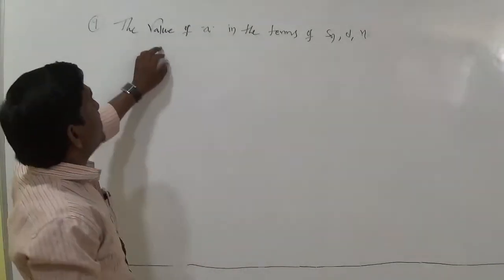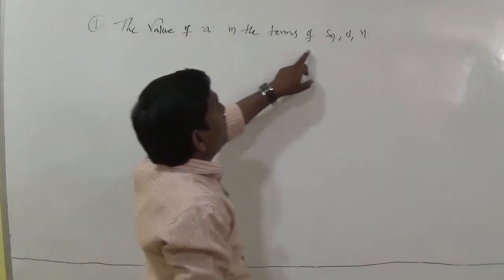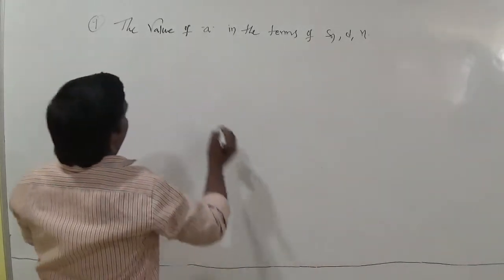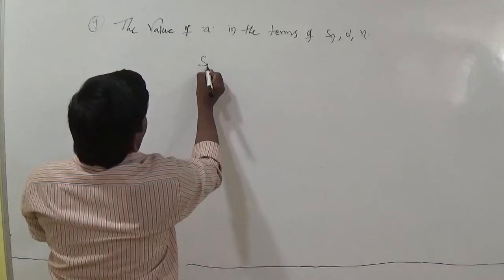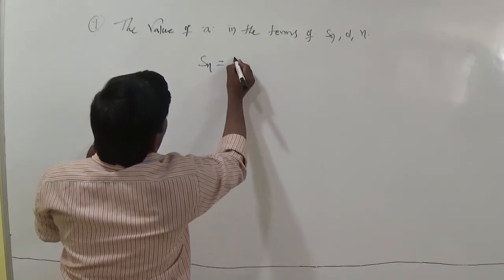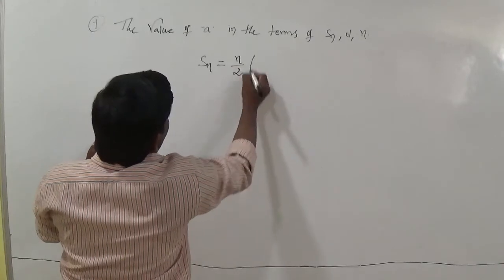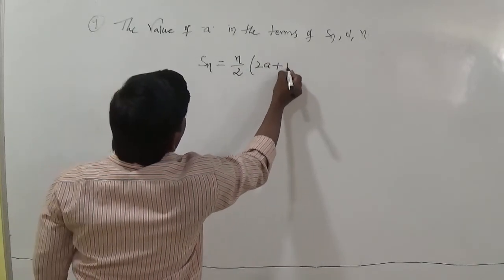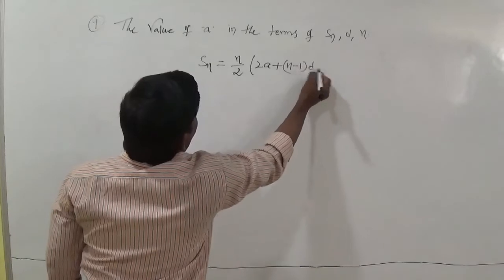Here we have to express a value in terms of Sn, d, n. So we know that the sum of n terms, Sn equal to n by 2 into 2a plus n minus 1 into d.